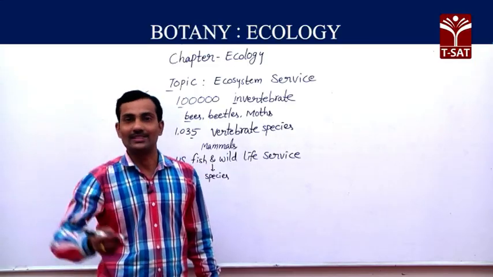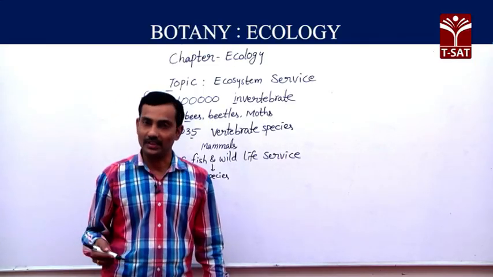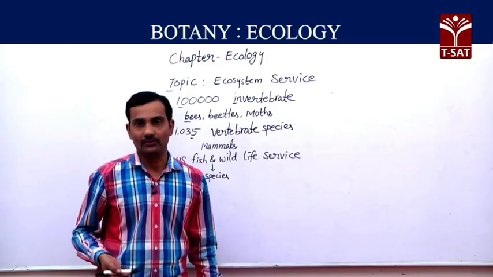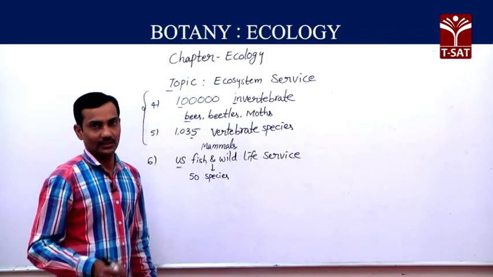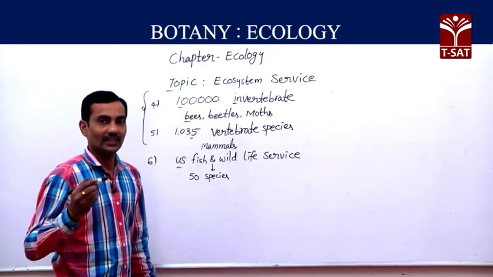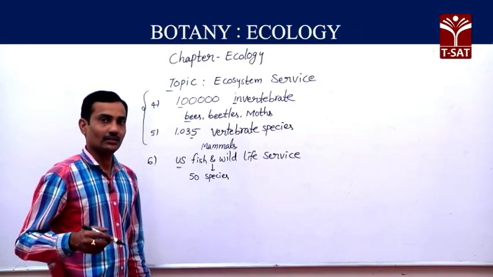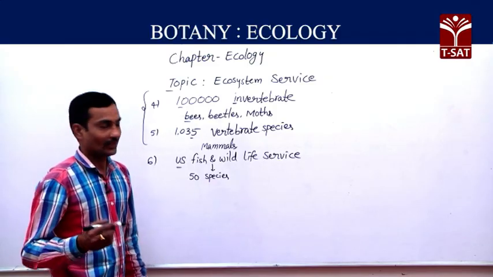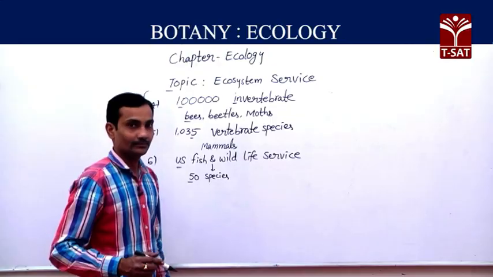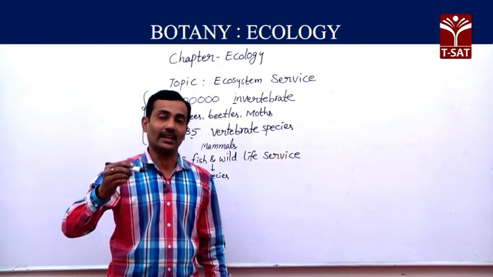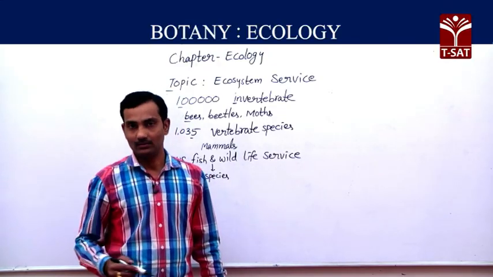They are going to disappear because of climatic changes, because of human involvement, excessive usage of pesticides, insecticides, and deforestation. All these around 50 species are endangered, going to disappear on the earth.